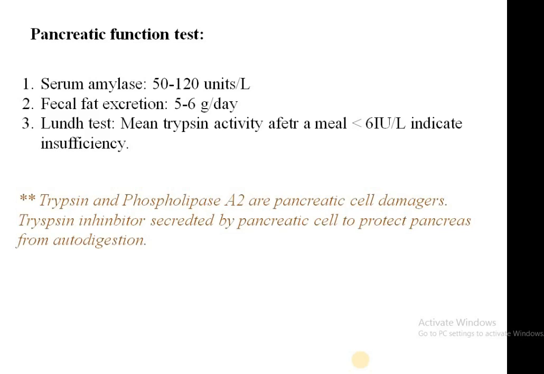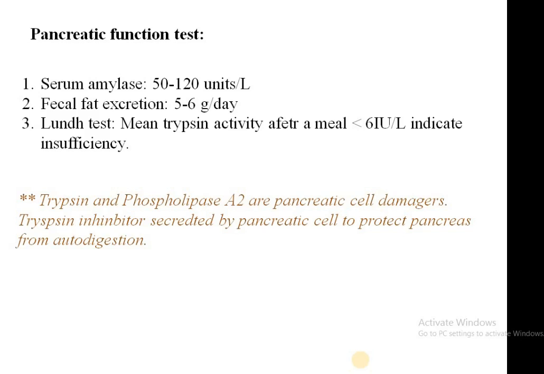Remember, trypsin and phospholipase A2 are the damagers of the pancreatic cells. If trypsinogen gets converted into trypsin in the pancreas itself, it will cause damage. So the pancreas has a defense mechanism against this, the trypsin inhibitor. The trypsin inhibitor prevents the conversion of trypsinogen to trypsin in the pancreas itself and prevents autodigestion of the pancreas.